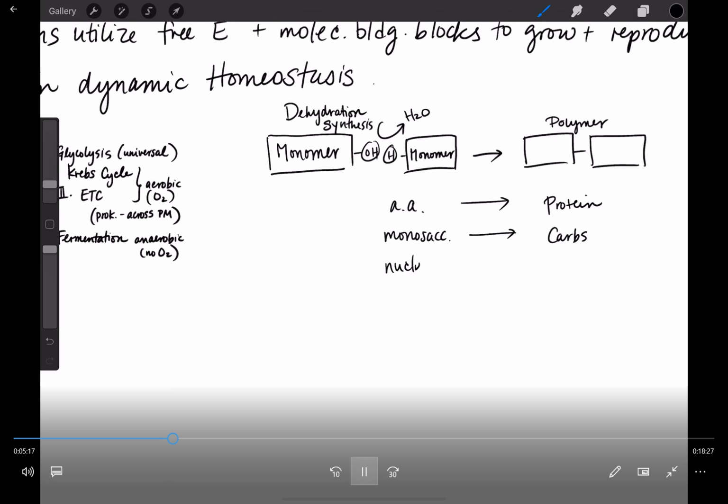And then we have nucleotides, which form nucleic acids like DNA and RNA. And finally, we have fatty acids, which form your fats or lipids. Okay, so that's your biochemistry review of molecular building blocks.